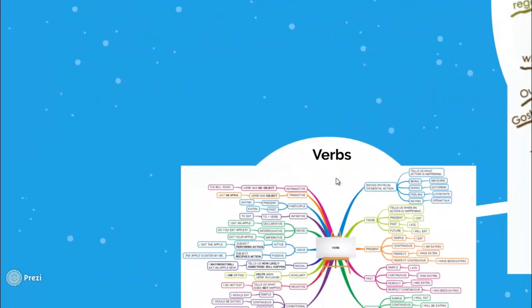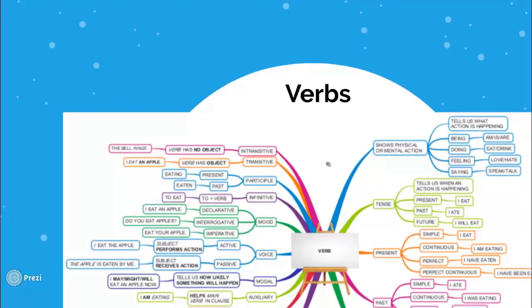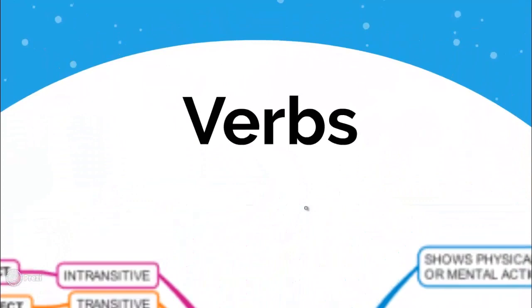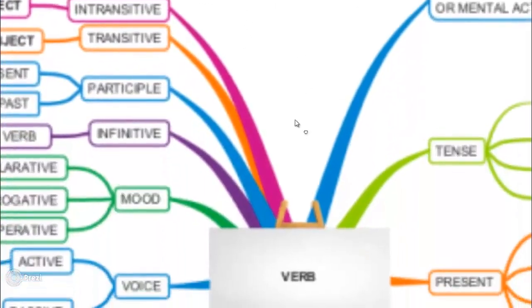So I'm gonna go to verbs. So yeah, we can say that a verb defines or describes an action, whereas the nouns describe a thing. I mean, more than describe, name a thing. Verbs describe actions. And we have a lot of types of verbs.